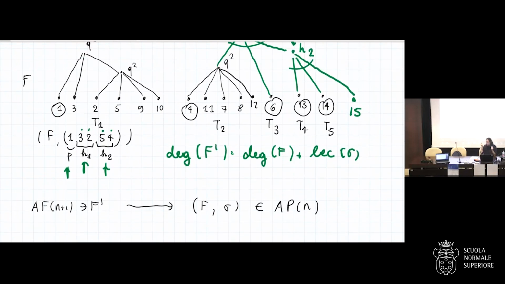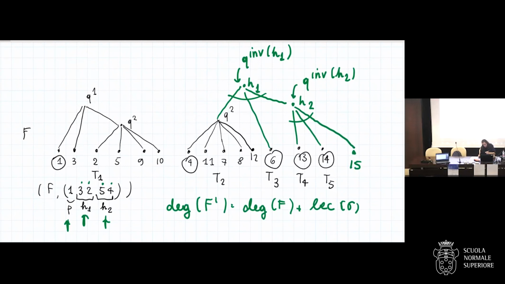So somehow we started knowing that this is the leaf we added. What we want to do is to find this new forest by deleting everything that is over this highest leaf.